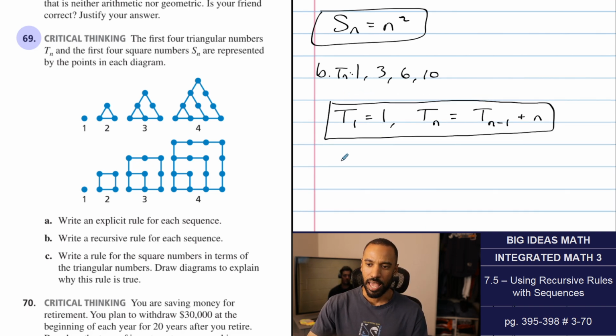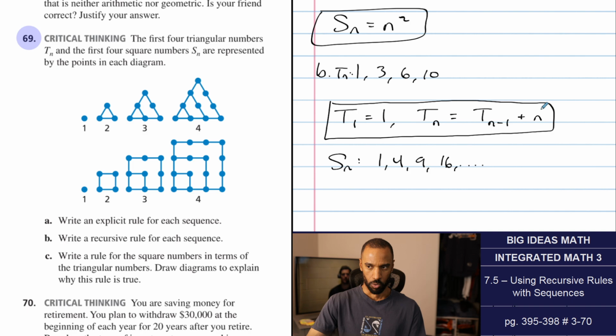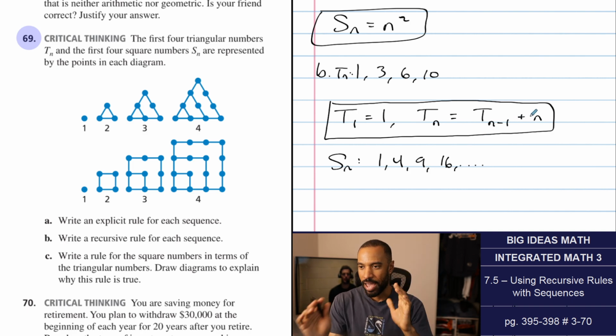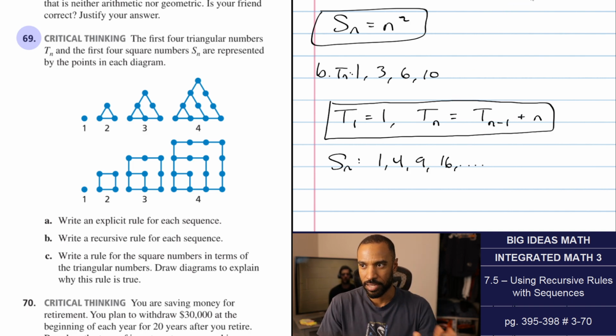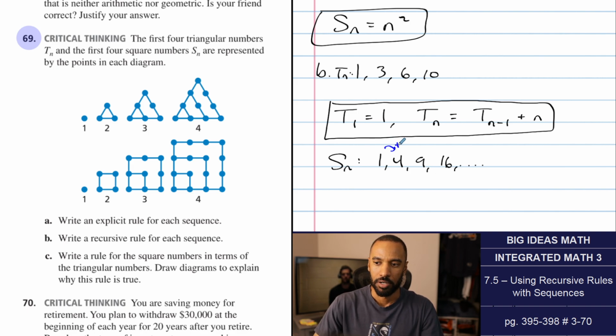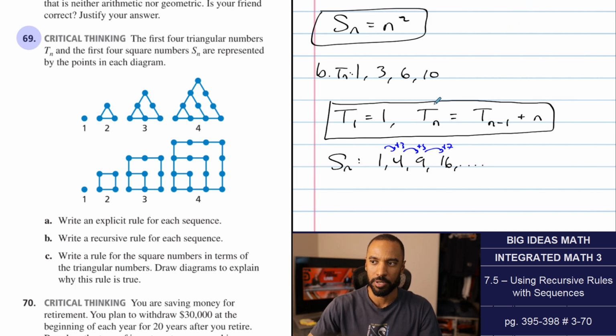For S sub n having 1, 4, 9, 16, etc., we're not just adding n, we're adding the next odd number. So plus 3, plus 5, plus 7, they have a common difference of 2 each time, plus 2.